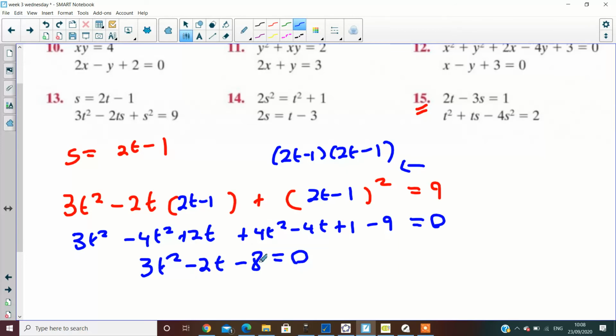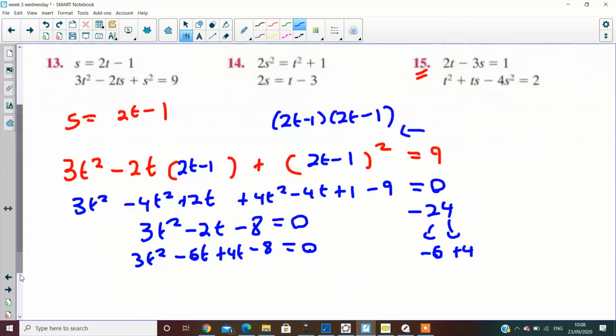Okay, 3 times minus 8 is minus 24. Two numbers that multiply to give you minus 24 but have a difference of minus 2. To me, that's 6 and 4 all day long. So I'd use minus 6 and plus 4. You guys go direct because you're smarter than me. And we're going to get 3t into t minus 2 plus 4 into t minus 2.